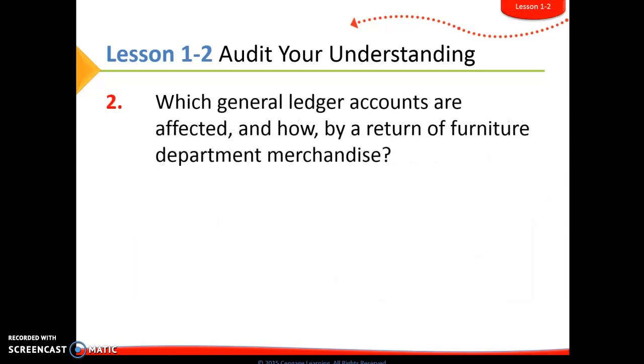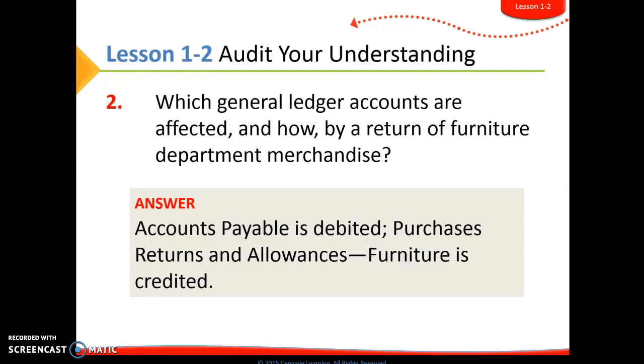Number 2, which general ledger accounts are affected and how by a return of furniture department merchandise? We're going to debit accounts payable, Okay, we'll decrease that accounts payable, and then we're going to credit purchases, returns, and allowances / furniture.